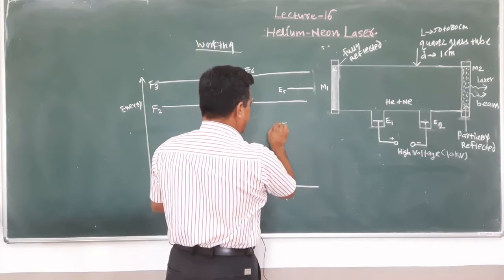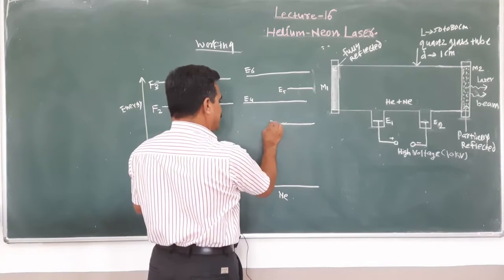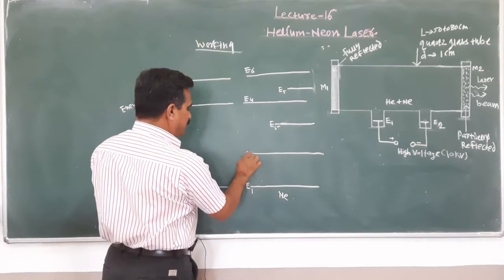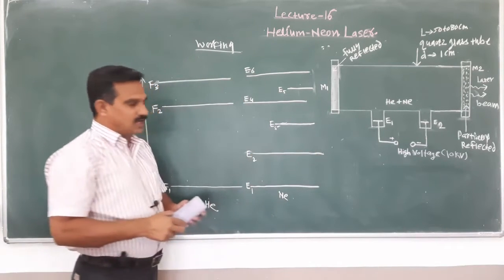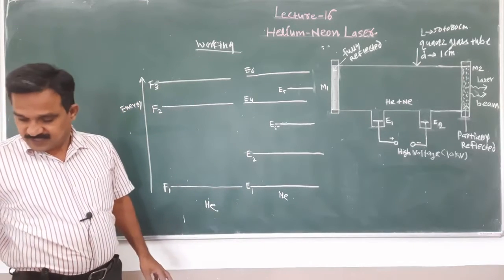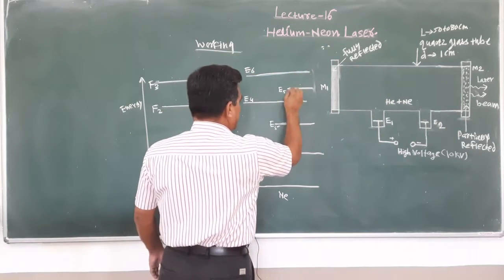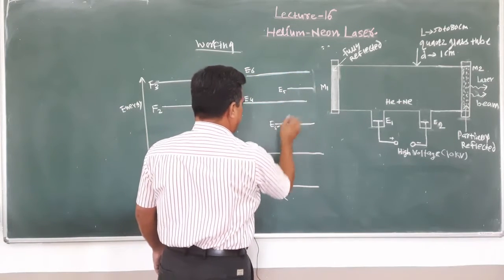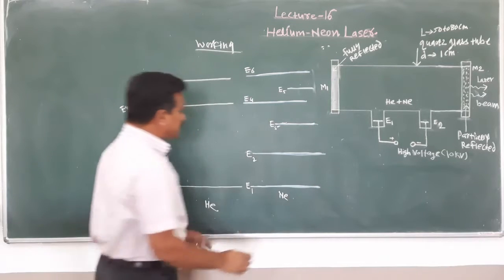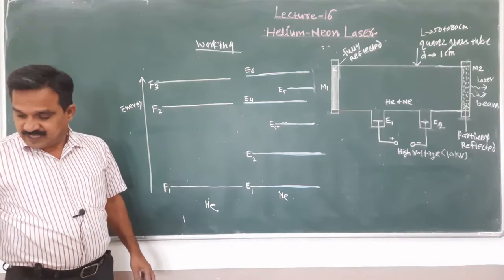Here is an energy level E3, and here is an energy level E2. These are actually the energy levels of helium and neon. These are the energy levels for neon, and these are the energy levels for helium.